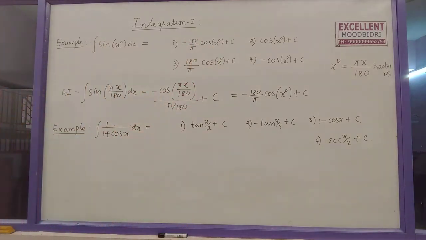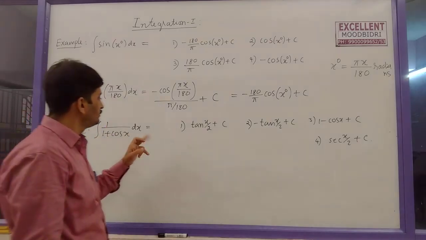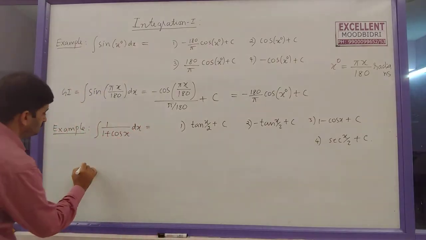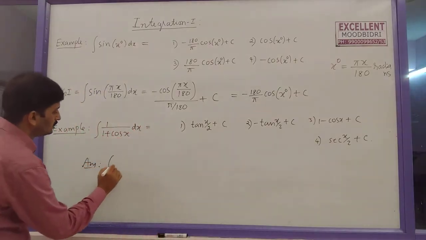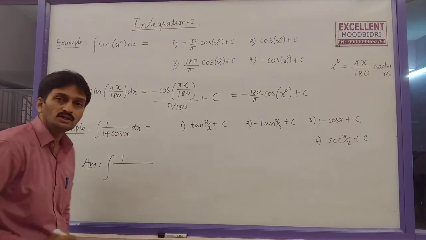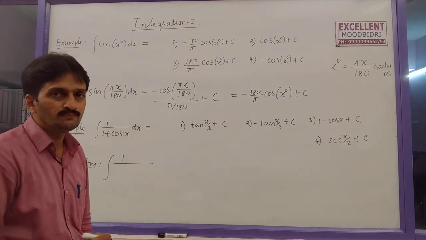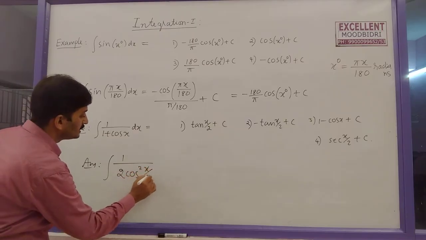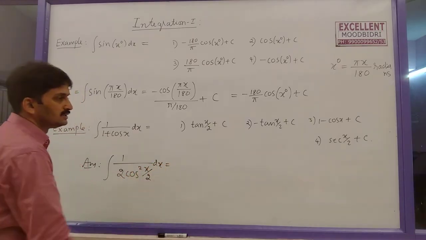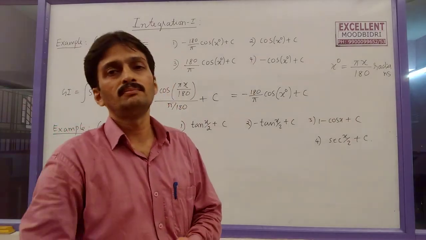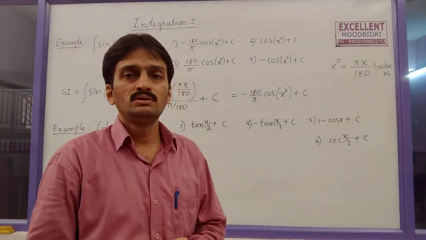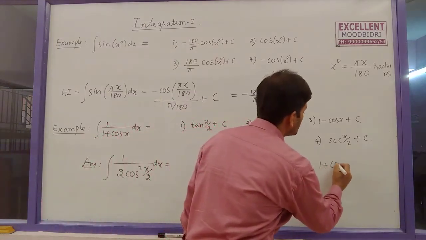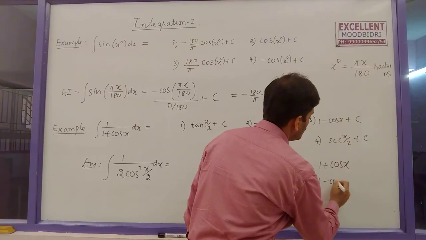Next question. Integration of 1 by 1 plus cos x dx equal to. So 4 options are given. Now here use a formula. 1 plus cos x is 2 cos square x by 2. See, remember, while performing integration, you should remember two very important formulae. 1 plus cos x and 1 minus cos x.